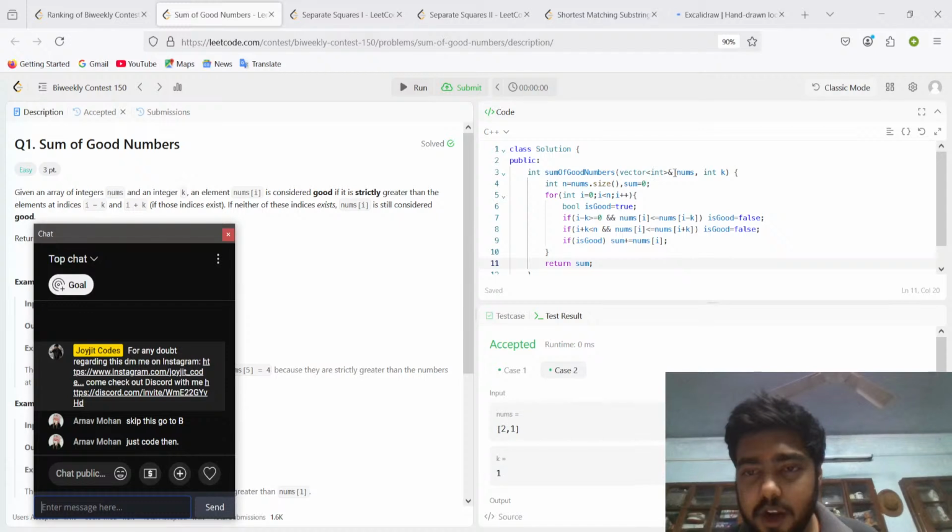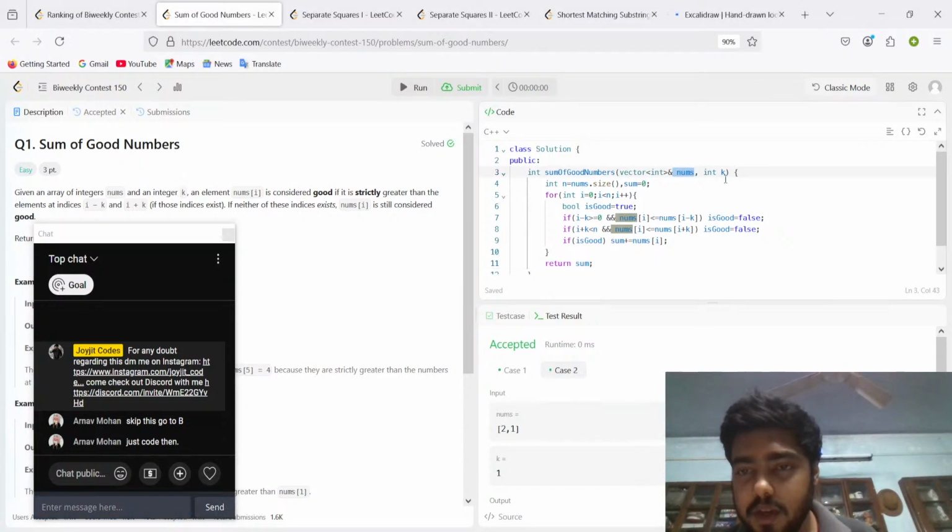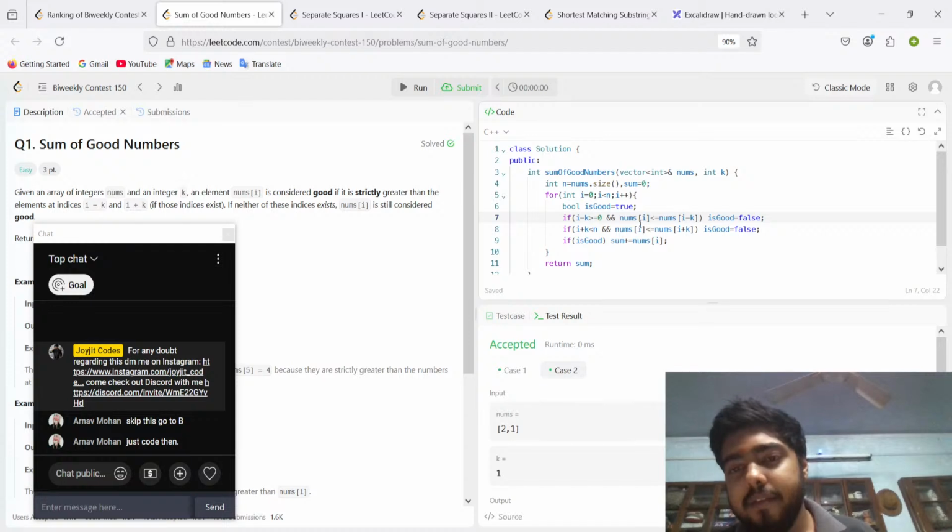Well, see, I don't think I need to go through the explanation for this. So basically, I'm taking the nums, and I'm having the k. For every specific element, we are going to check if i minus k is a valid index, that is greater than or equal to 0, and if this is occurring, that is the condition that it is not good. Initially, I'm going to consider it's good, so is_good is true.